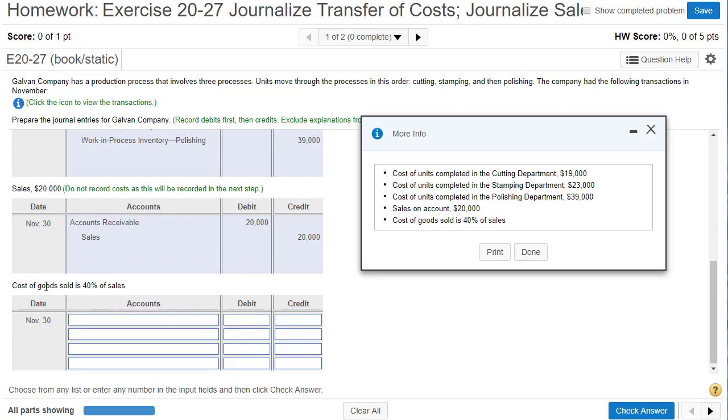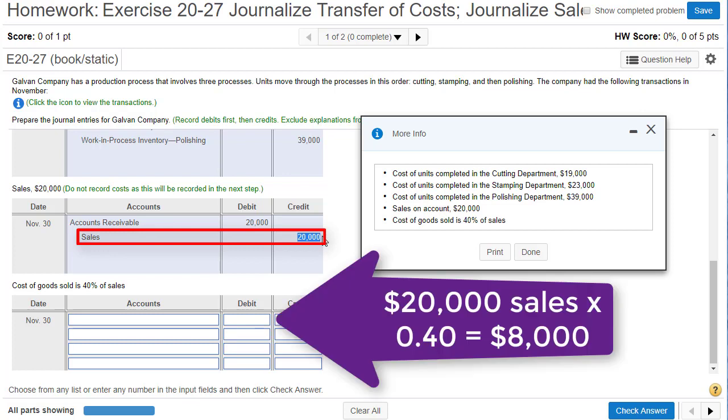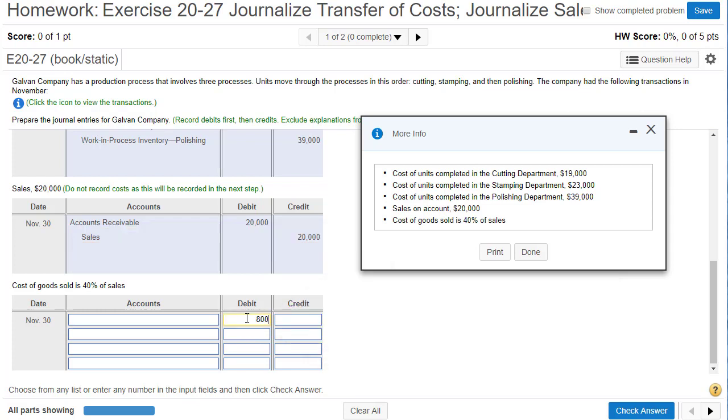Then cost of goods sold is 40% of sales. Remember here's sales, 20,000. What's 40% of 20,000? Well, that's 20,000 times 0.4, that's 8,000. We know the debit is 8,000 and the credit is 8,000. What are the expense accounts that are affected?